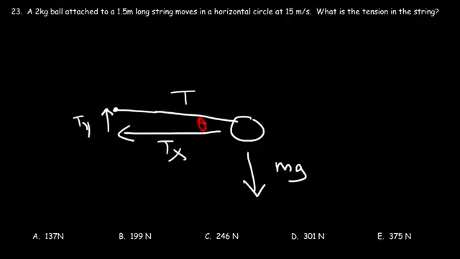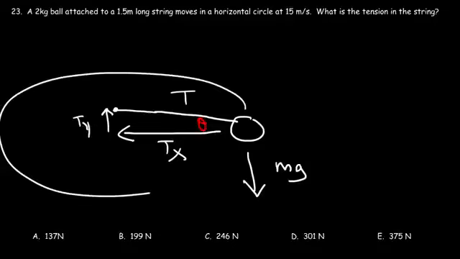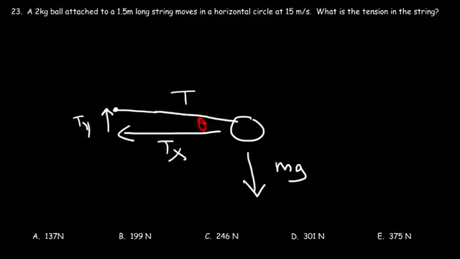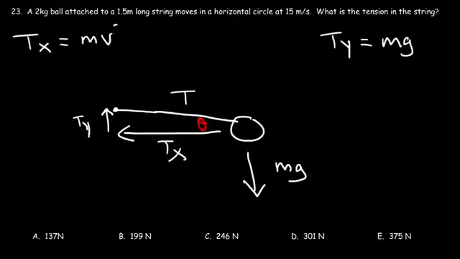Now notice that Tx points towards the center of the circle, so Tx provides the centripetal force. So Ty is equal to mg, and Tx is equal to the centripetal force, which is mv squared divided by r. And once we find Tx and Ty, we can calculate T.